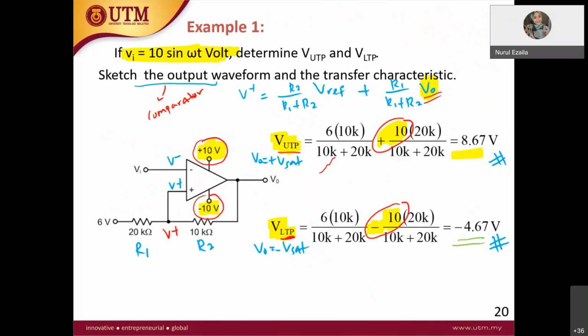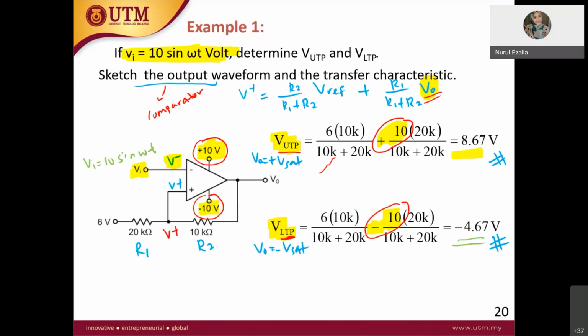Your V in is actually connected to the V minus. So your V in is 10 sine omega t. At this node, the V in is 10 sine omega t. So your V minus is V in, 10 sine omega t.